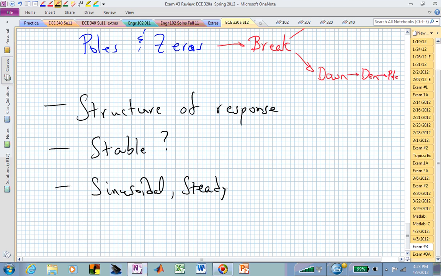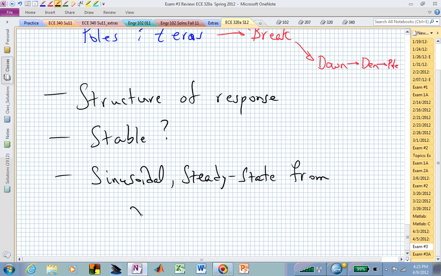Now you may need a little bit more information than just poles and zeros. You may need the gain information, which is not explicitly present in the S-domain picture of poles and zeros. But you need the sinusoidal steady state from, let's say, an input x of t that might be a cosine omega naught t.